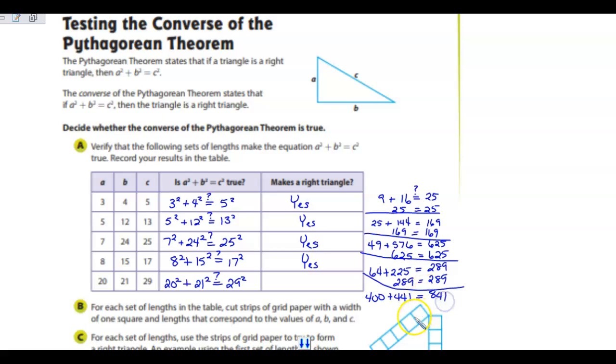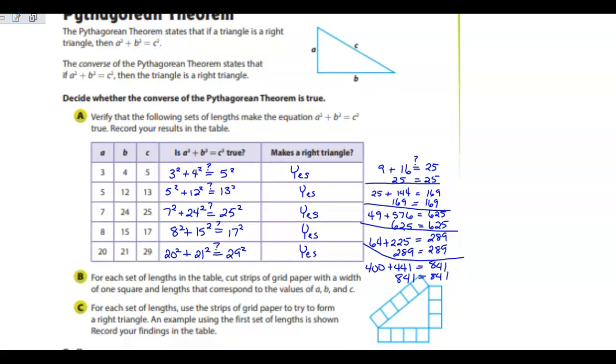If I add those two together, I get 841, which is equal to 841. So yes, this proves that these are all right triangles. Every triangle you come across will not be a right triangle, so be aware that it's not always going to be yes. These just so happen to be.